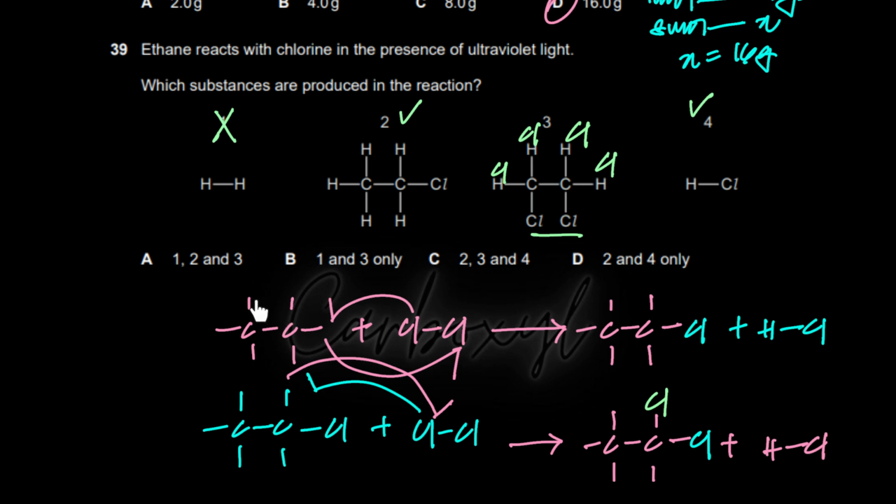Because 6 hydrogens can be substituted, so 6 different organic substances and 1 hydrogen chloride. So in total 7 different substances could form. And if they would just ask you how many inorganic substances would form, only 1, which is hydrogen chloride. If they would ask you how many organic substances would form, only 6, right? So 2 is also correct and 3 is also correct. Therefore 2 and 3 and 4, that option is C right here, right?